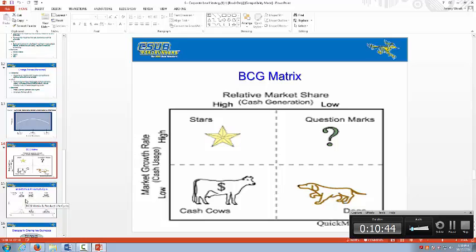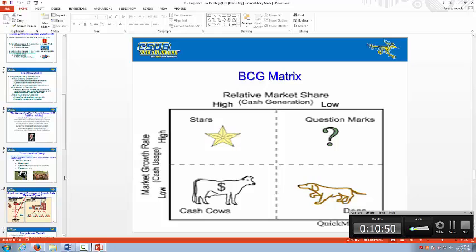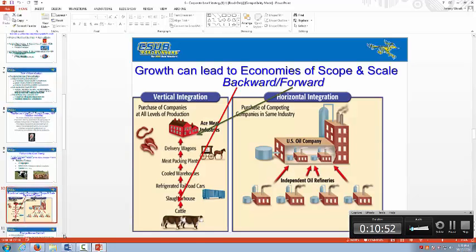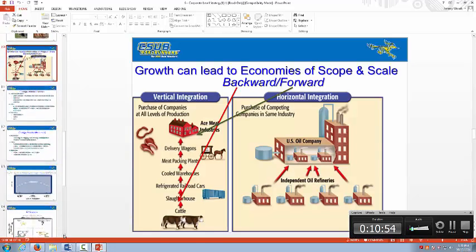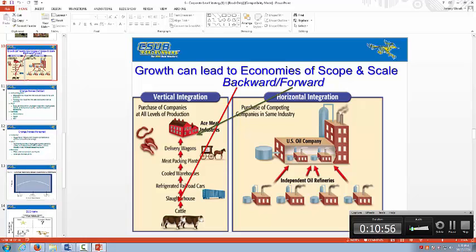So I will get to more of that in some of the other slides, but from this deck, most important thing is these slides 10 through 13 here, especially the concept of vertical integration versus horizontal integration, and questions about why should a firm diversify.